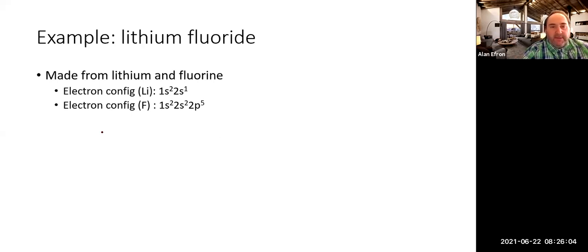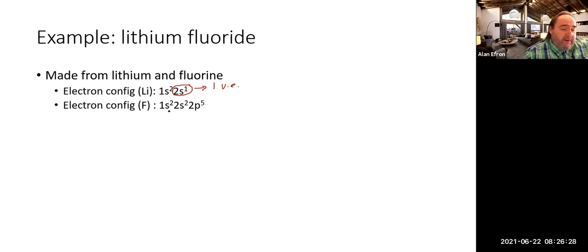All right, so looking at lithium fluoride, we have 1s2, 2s1. Again here, the 2s1 in the second energy level gives us our one valence electron for lithium. Also remember that lithium is group number 1 on the periodic table, which means it has 1 valence electron.